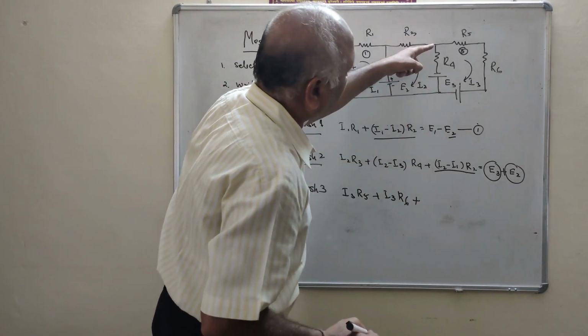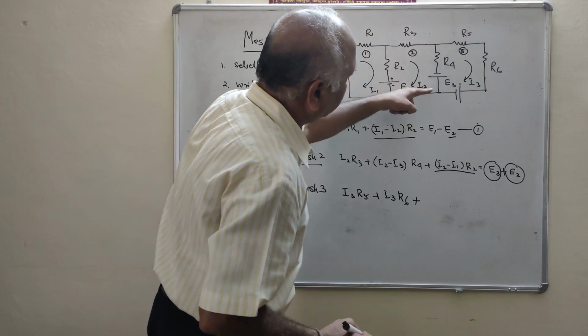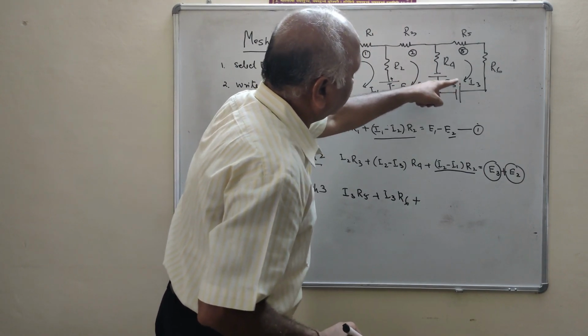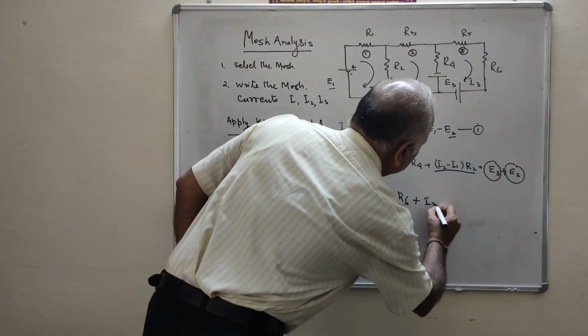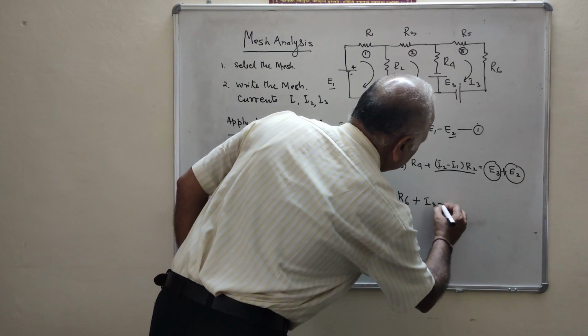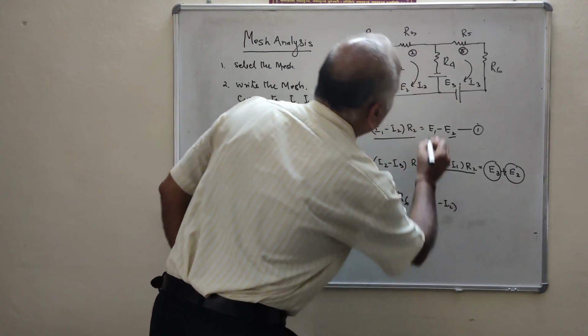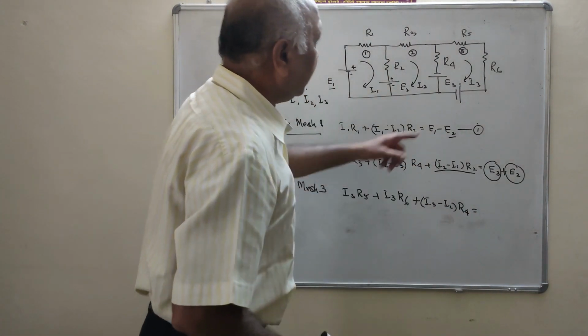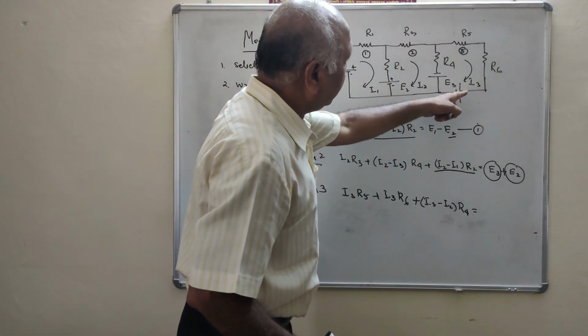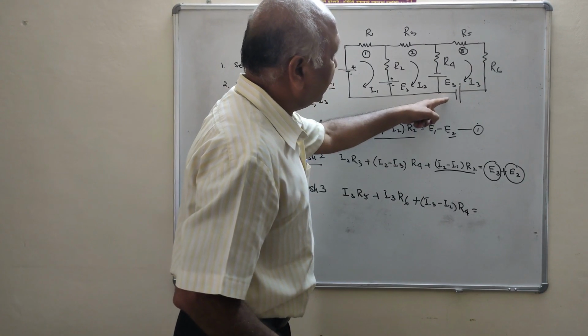I3 is positive, I2 is negative, because I3 is the dominating current for mesh 3, and it will be I3, clear, minus I2 into, how much will it come? R4, that is equal to, here you will see I3 is going from positive to negative.